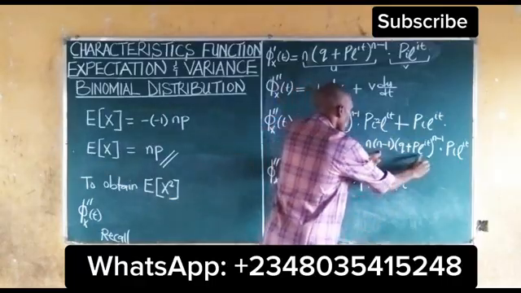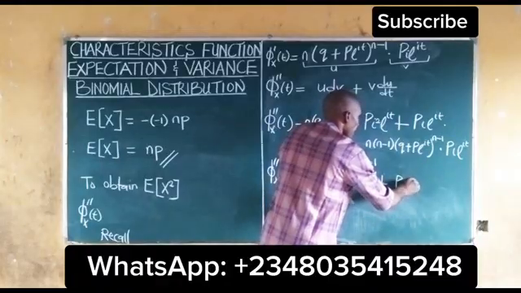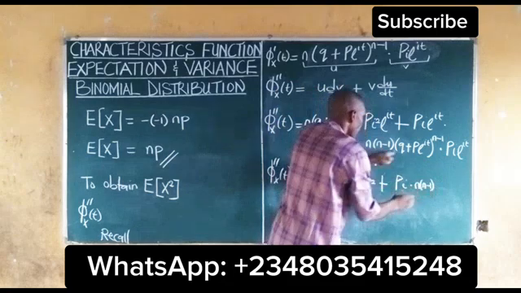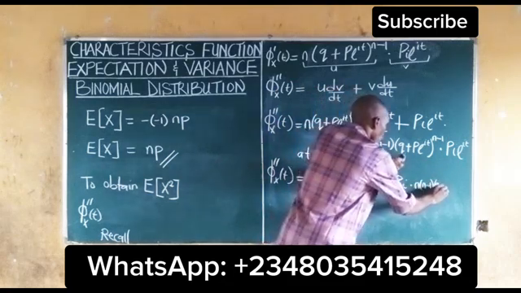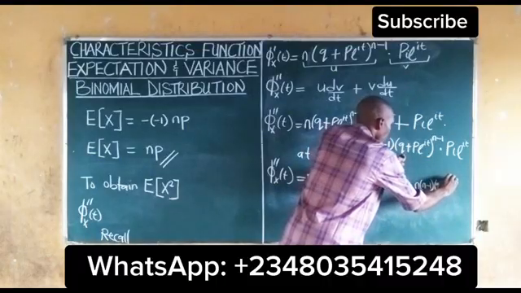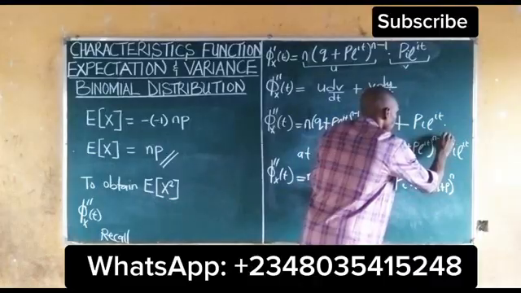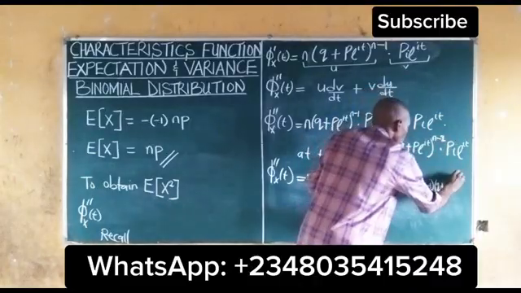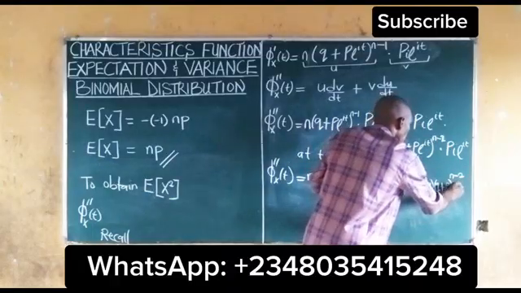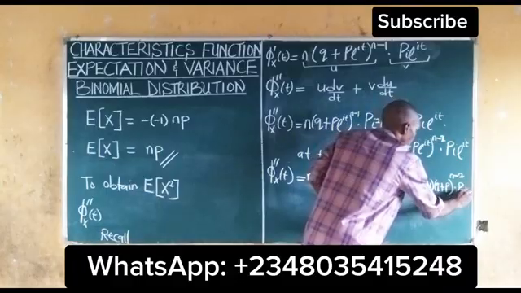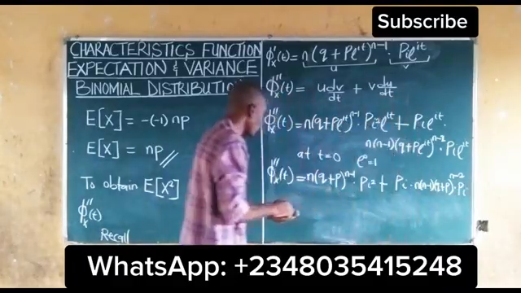Now we have the whole of this, which is multiplied by n into n minus 1 into (q + p) raised to the power of, sorry, this turns to n minus 2 multiplied by, this will turn to 1, pi. So this is what we got.